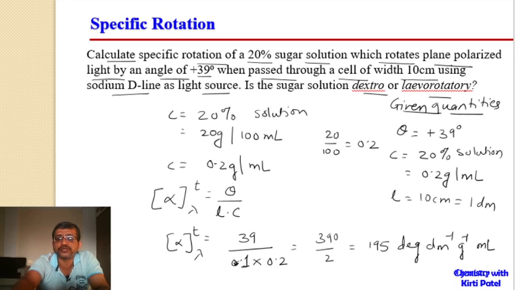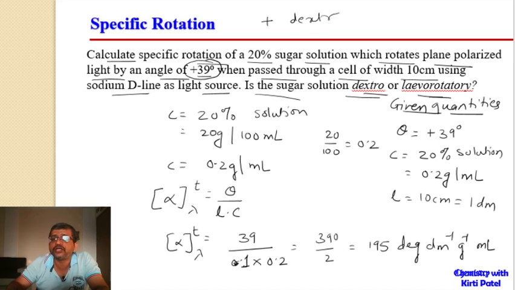One part we just missed over here, that is the sugar solution dextro or laevorotatory. Dextro और laevorotatory हम सिर्फ यहाँ पे ऑब्जर्व करके ही पता चल जाएगा हमें कि एंगल ऑफ रोटेशन अगर प्लस है then it is a dextrorotatory, if it is minus then it will be a laevorotatory. यहाँ पे हमारा plus 39 degrees है, so this is a dextrorotatory.